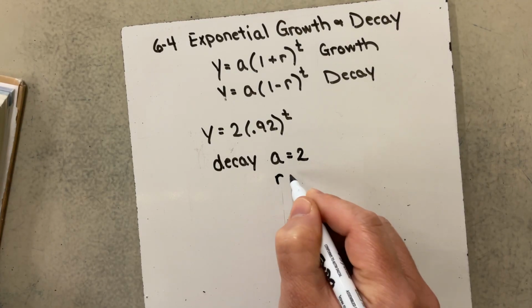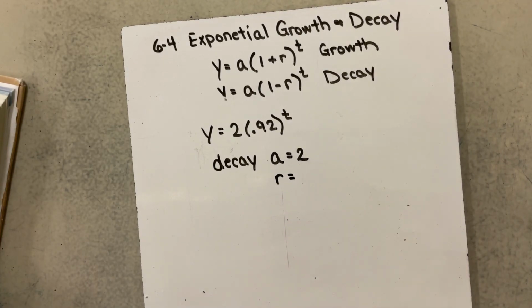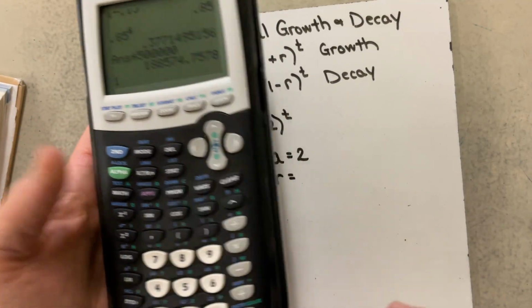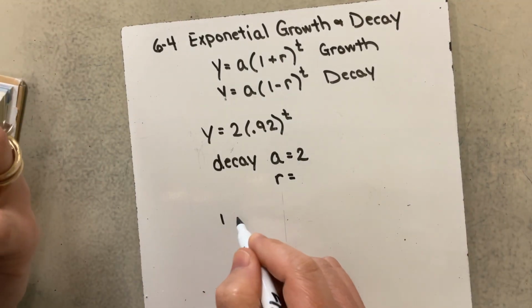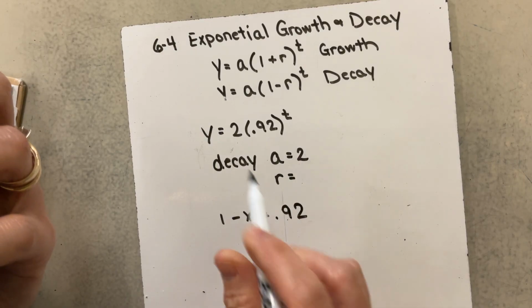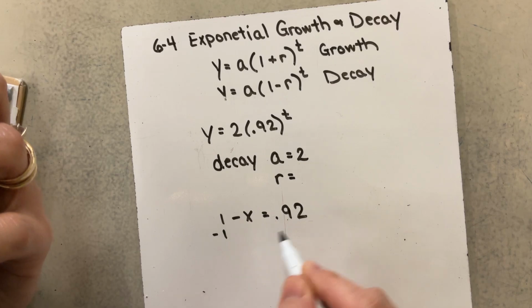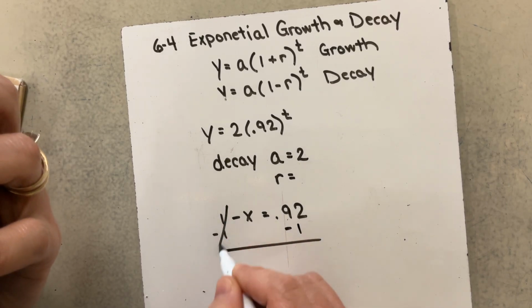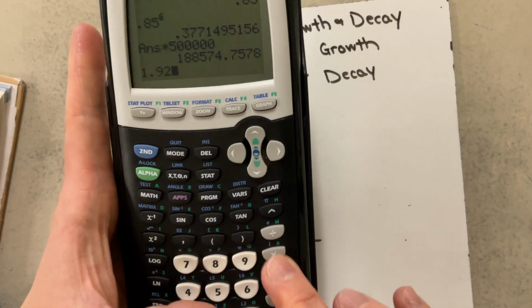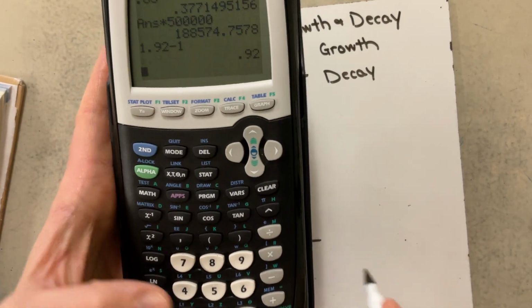We can find our rate, right? Well, here, let me write it this way. 1 minus some number equals 0.92, right? So if I subtract 1 from both sides, I get 0.92 minus 1.